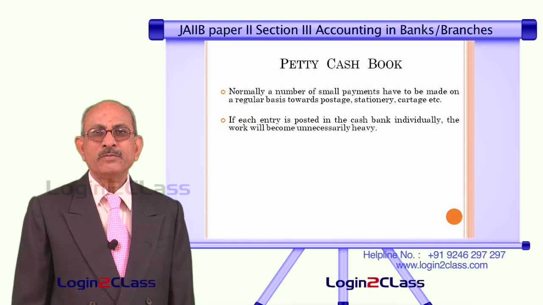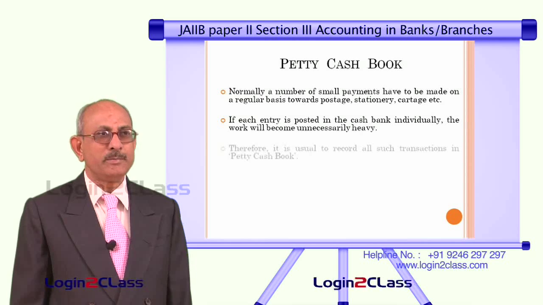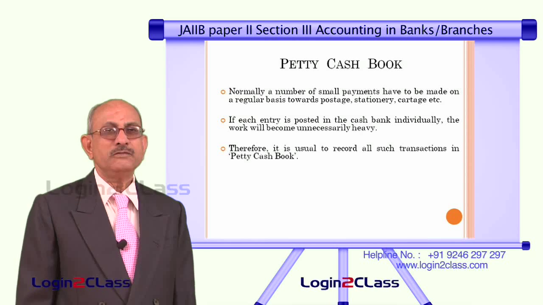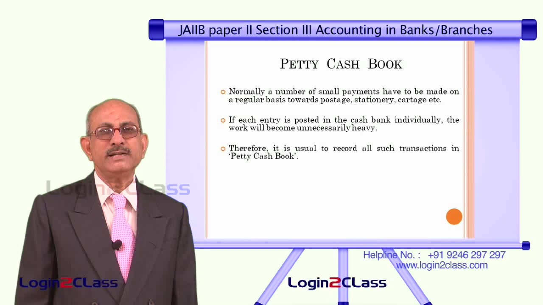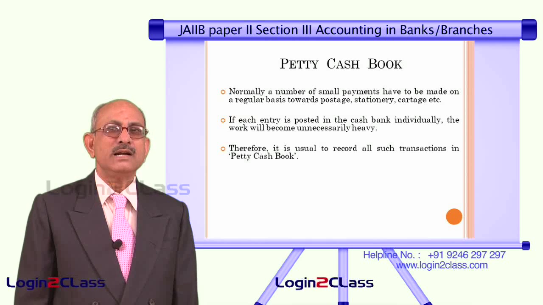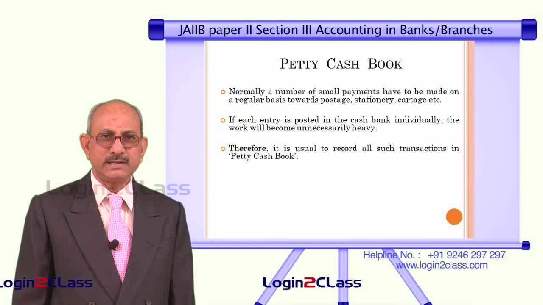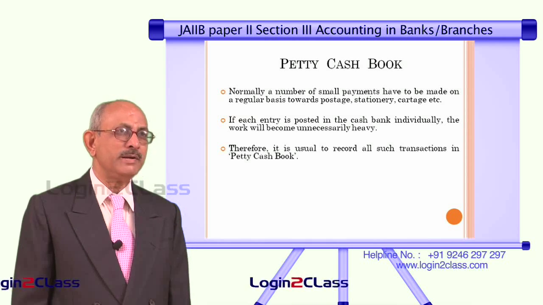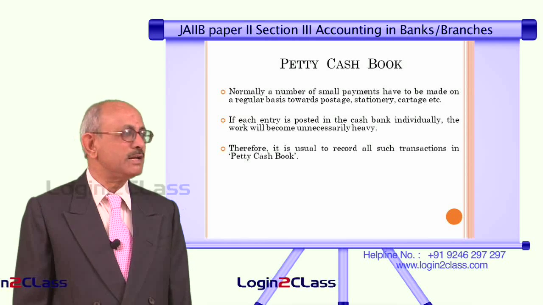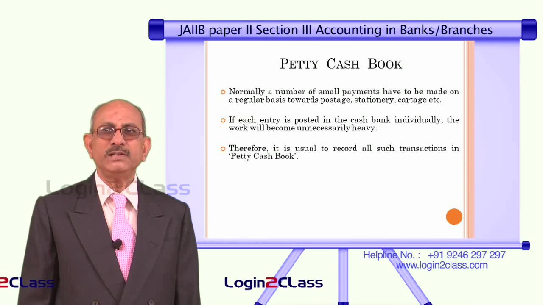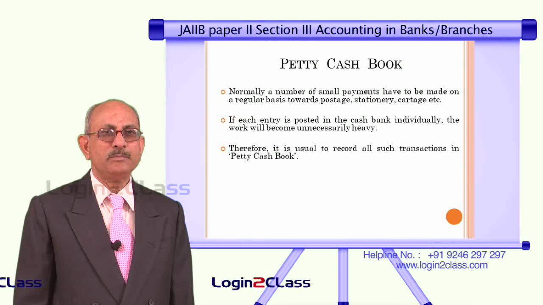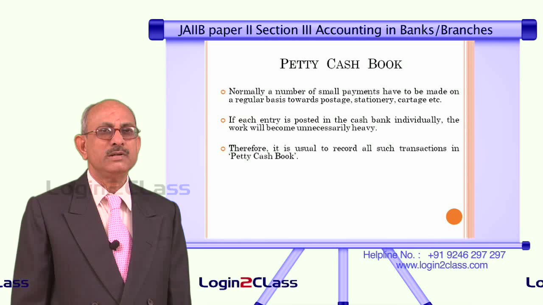So in order to avoid this, it makes sense to record all such transactions where small amounts are being paid, and at the end of a particular period, depending on the volume of transactions, we can pass only one entry in respect of that particular cash, and all other entries, the other leg of the transaction, can be passed. Normally, as you have seen in the bank, we have a petty cash book which is totaled up every month.